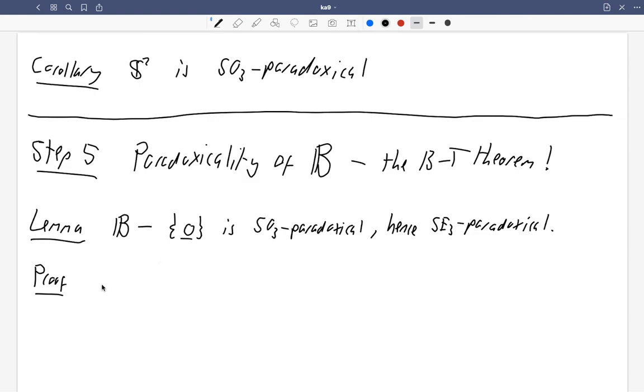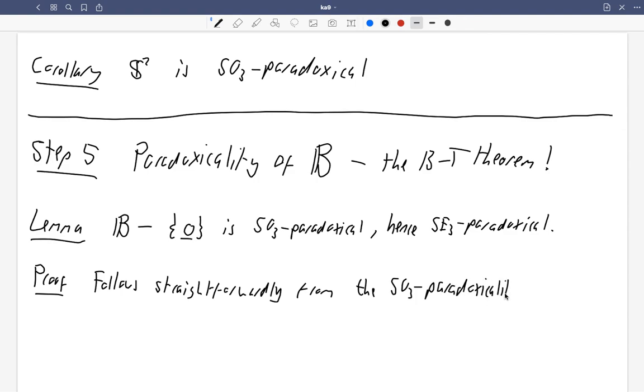So I'm just going to say this follows straightforwardly from the SO3 paradoxicality of the sphere.